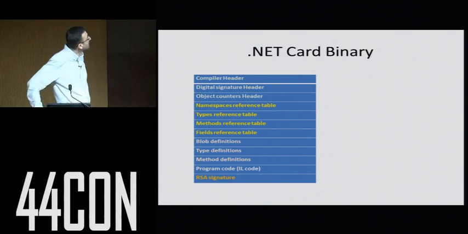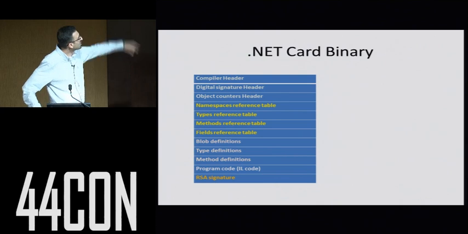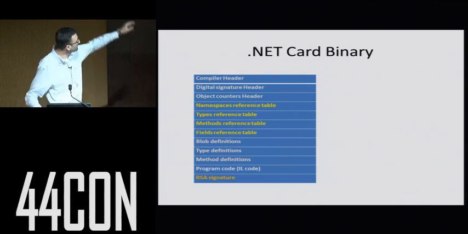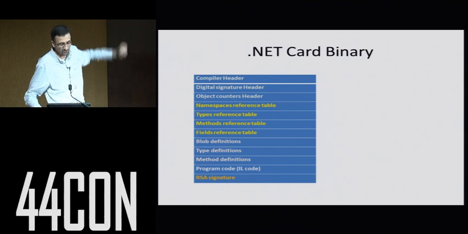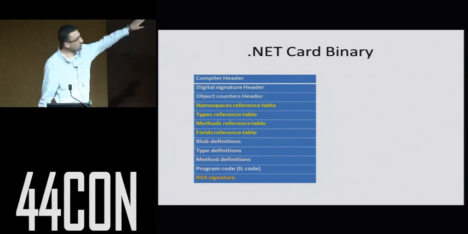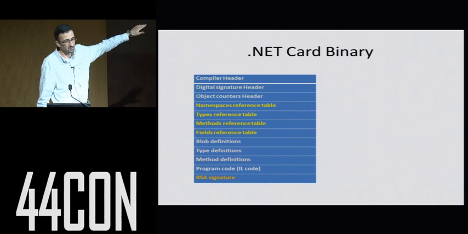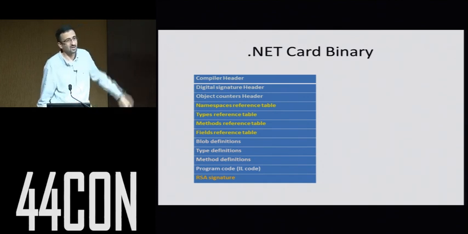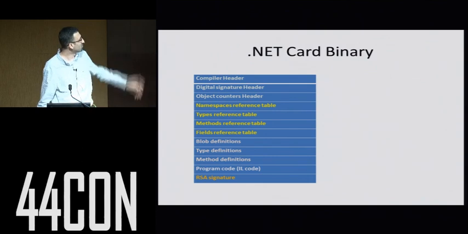So the file format consists of 3 fixed size headers: compiler header, digital signature header, counter header, 7 metadata tables, and only after these sections is the actual program code, which is in MSIL opcode format, which is known format.